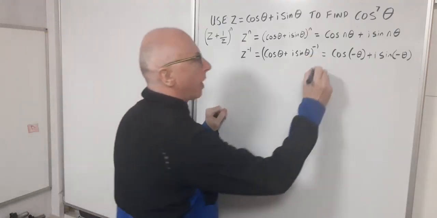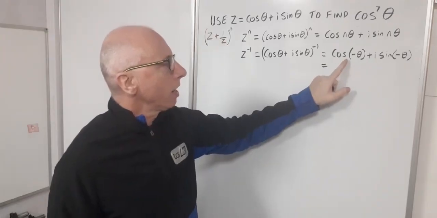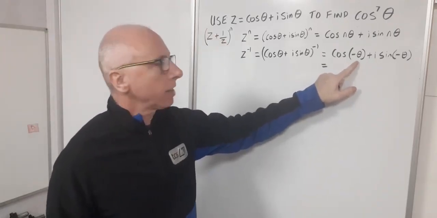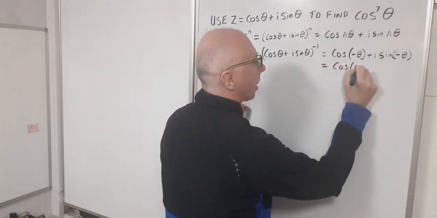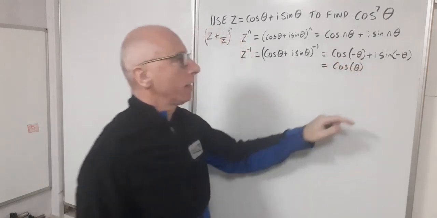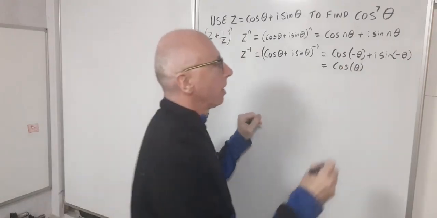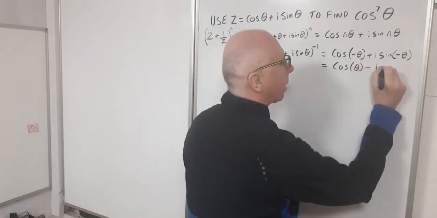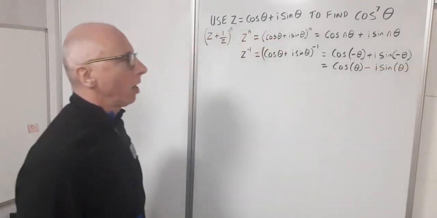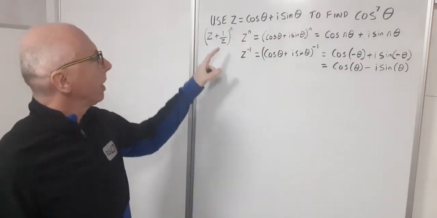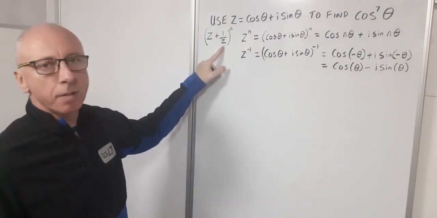So then if we simplify this using the cosine and sine identities, cosine of minus theta is the same as cosine theta. So that will work for this. So cosine of theta, and then here, sine of minus theta, that's the same as minus sine theta. So then we need to subtract i sine of theta. Okay, now we can use that same identity for cosine and sine using 1 over z to the minus n.